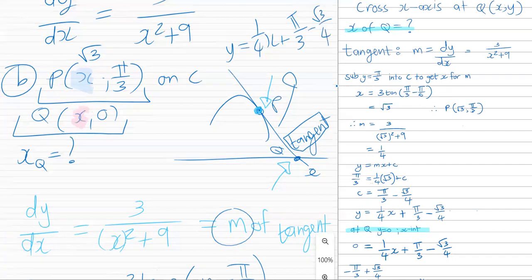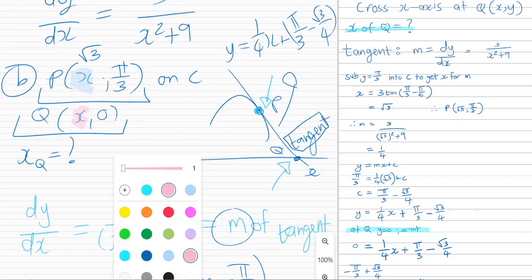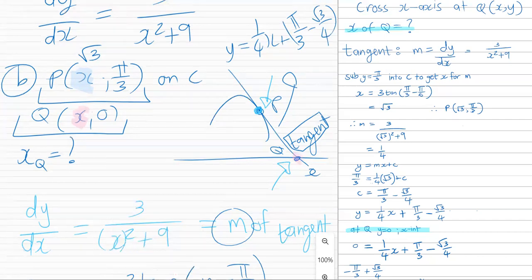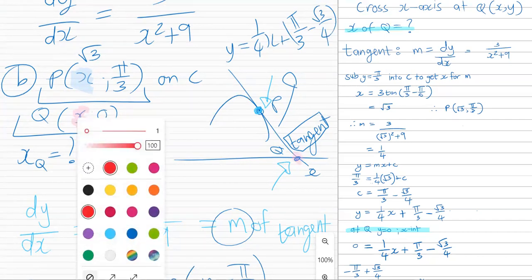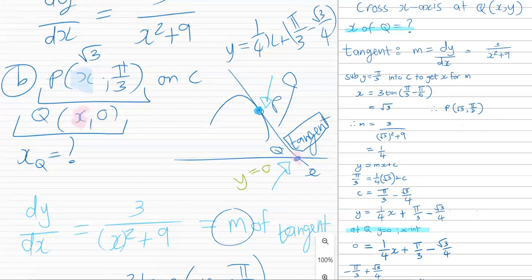I didn't finish it up. This is my c value. So from here, you don't have to really do too much more. You know that at this point here, y is going to equal 0. Okay. Because it's an x-intercept. So we just have to let y equal 0.